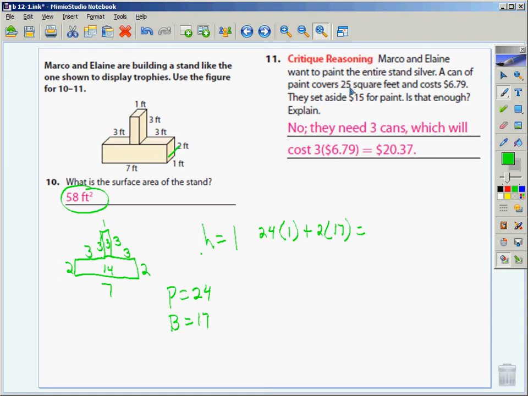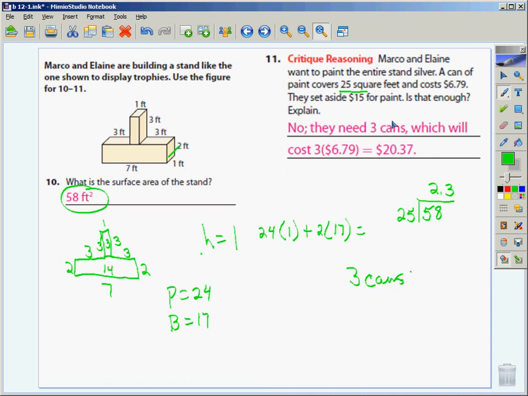Over here, it said a can of spray paint covers 25 square feet. If I've got to cover 58 square feet, then I'm going to divide 58 by 25. 58 divided by 25 is going to give me 2.3. Okay? Can I cover it with 2 cans of spray paint? No. I'm going to have to get 3 cans to have enough.